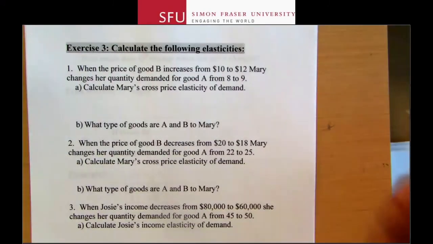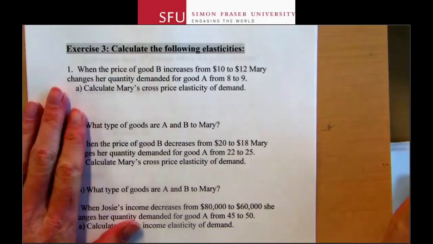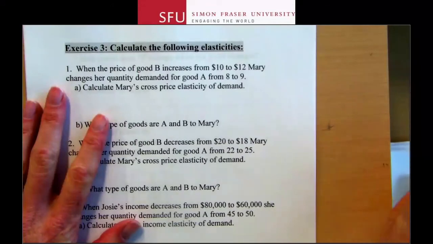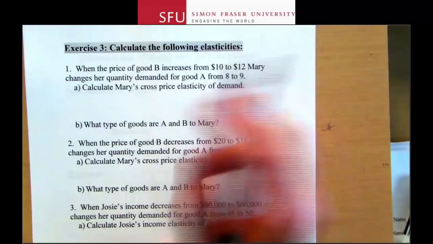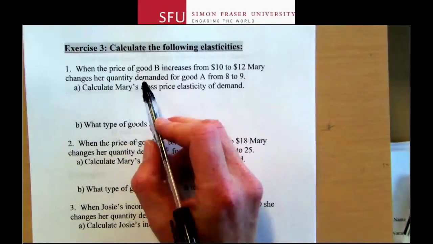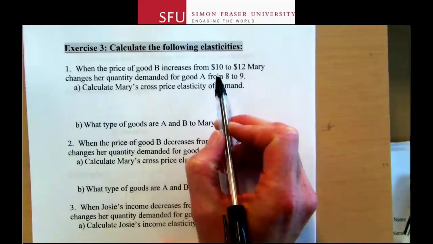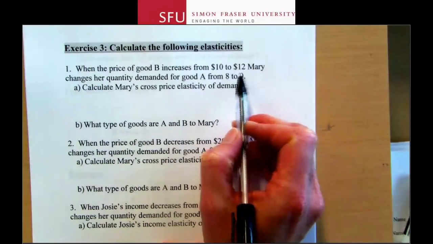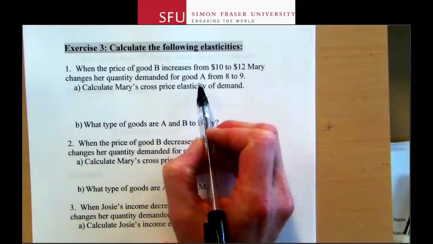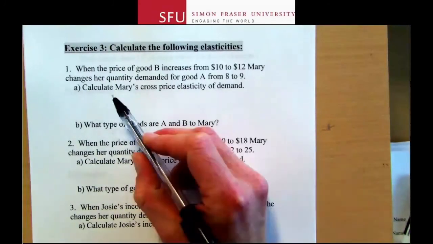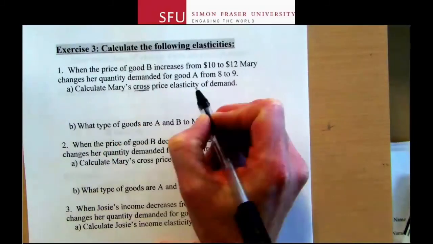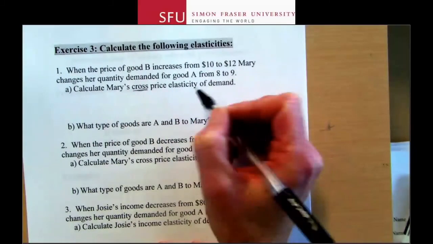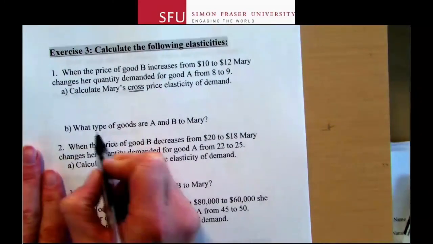All right, so we're going to do exercise 3 now, where we have different situations. The first one, the price of good B increases from $10 to $12. Mary changes her quantity demanded for good A from 8 to 9. Calculate, so now we're calculating cross price elasticity of demand. And we're going to calculate it, and then we're going to figure out what type of good.